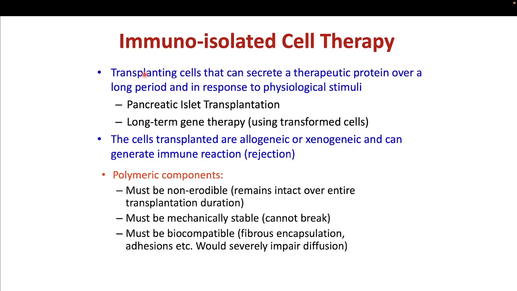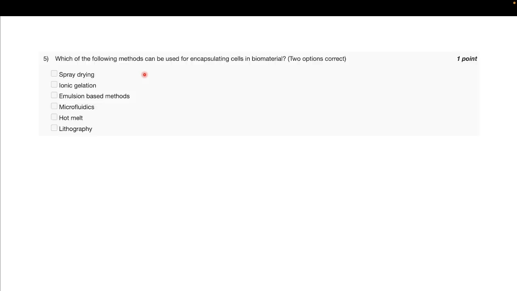Yes. Thank you. So let's look at the next question. Next is, which of the following methods can be used for encapsulating cells in biomaterial? We have to choose two correct options.